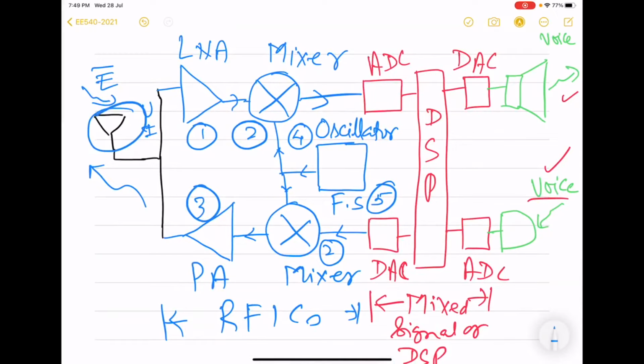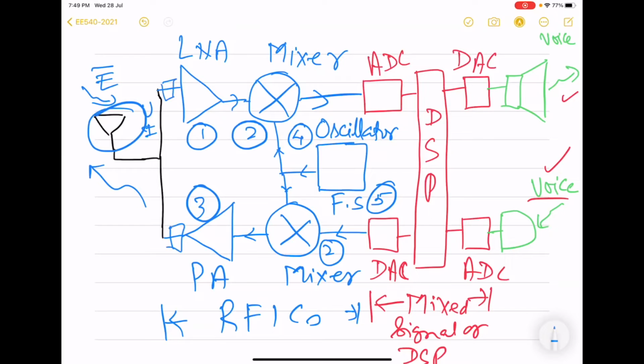But what I have shown here is sufficient detail, not the full detail of the architecture. There will be various other components. For example, filters will be there located at input and output of these amplifiers and at subsequent stages also.